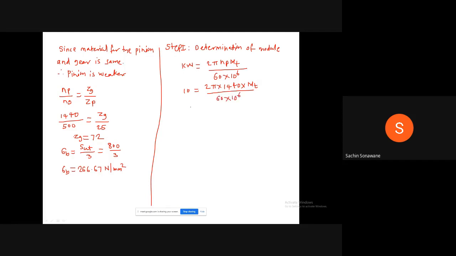Therefore, calculate MT. MT is equal to, in Newton mm you will get. Anyone can tell me the answer? 66.31 into 10 raised to 3. Yes, correct.